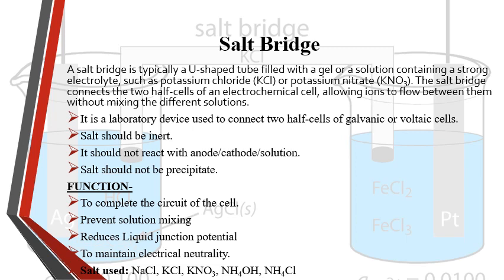The salt bridge ensures that the electrochemical cell functions properly by maintaining charge balance, preventing solution mixing, and minimizing liquid junction potential. So as small as the value can be, it is very, very important in an electrochemical cell.